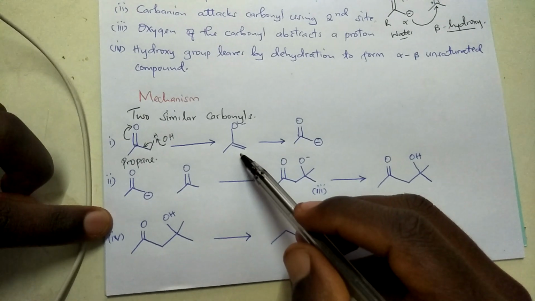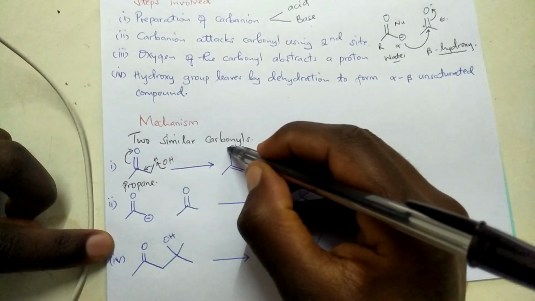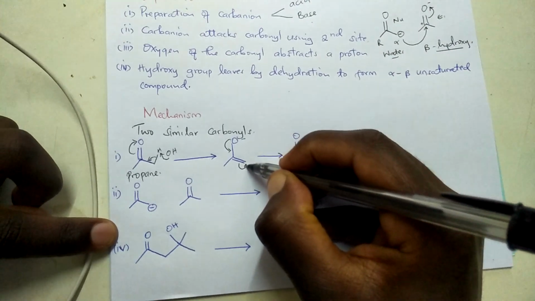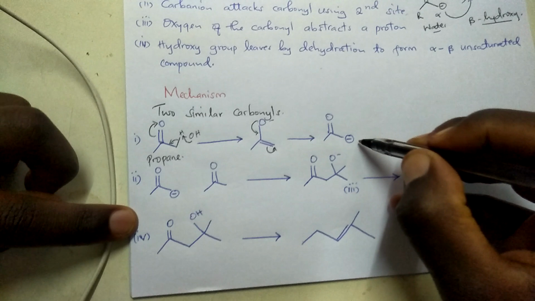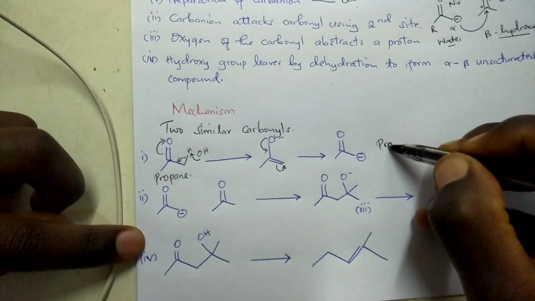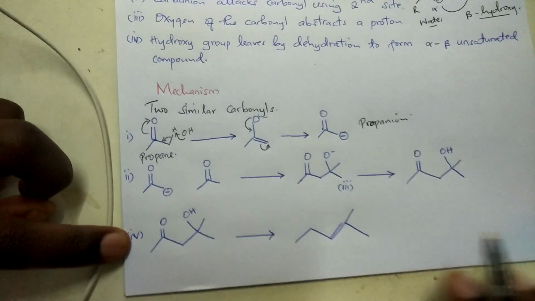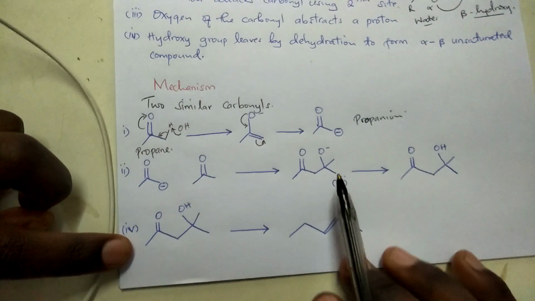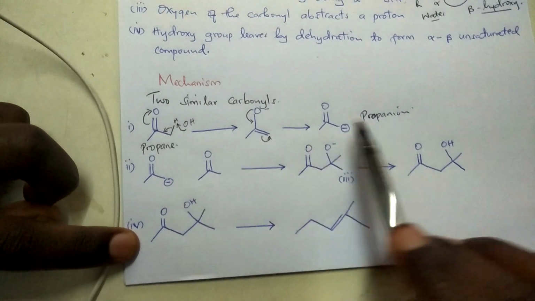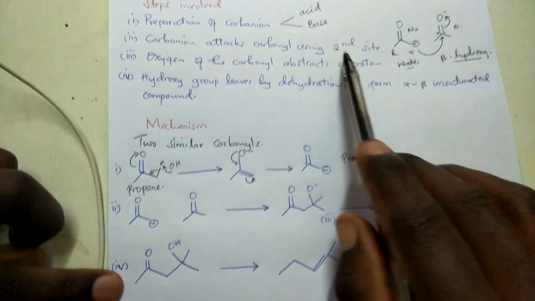So this product can still rearrange itself by this negative, the electrons here coming down here, and these ones coming up to that point, so that we form our carbanion. So this is the propanion, which is our carbanion, like that. Then at the second step, the carbanion that we have produced here now attacks the carbonyl using the second site.